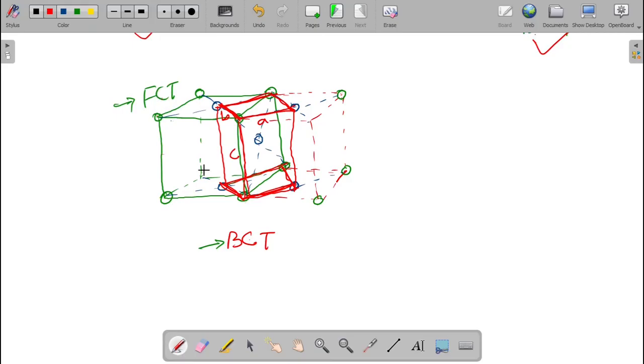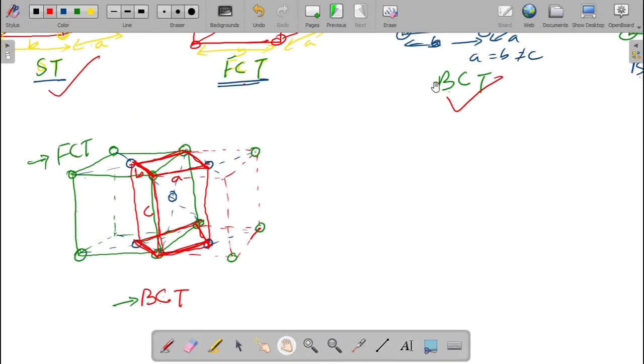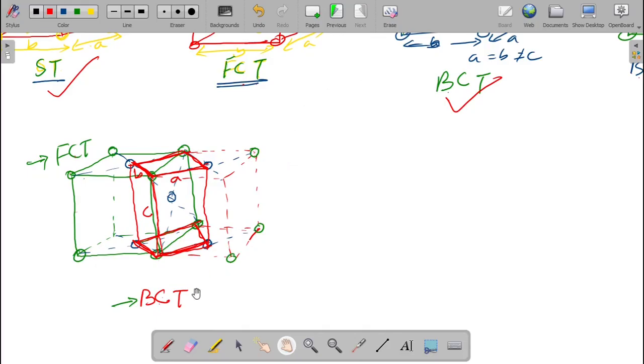So because FCT and BCT are both basically the same thing, the question comes, why do we choose BCT and not FCT? Generally, there is this rule that if two unit cells are equivalent to each other, basically representing the same lattice, the same crystal structure, then you choose the one with the lower effective number of atoms.